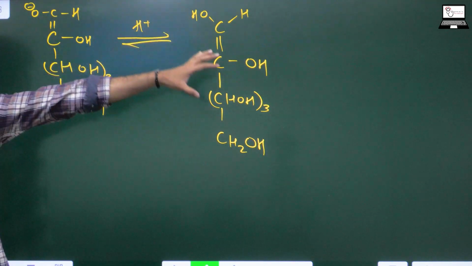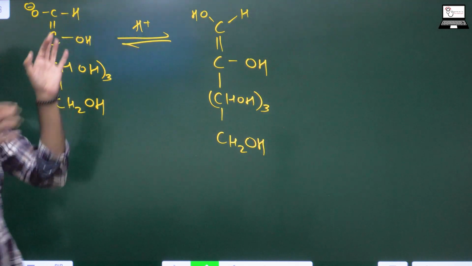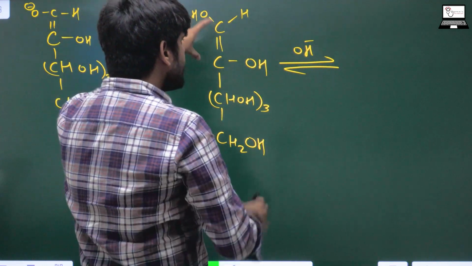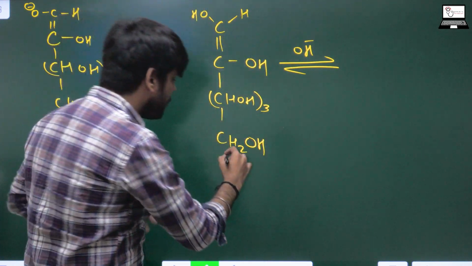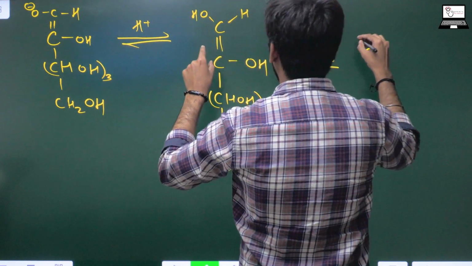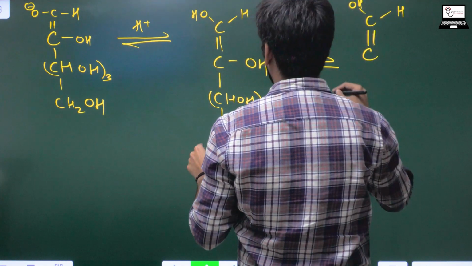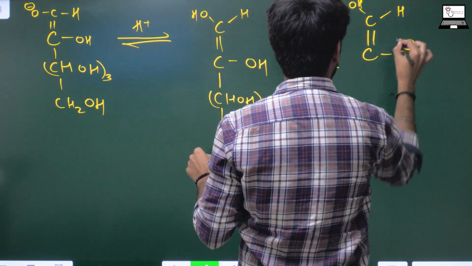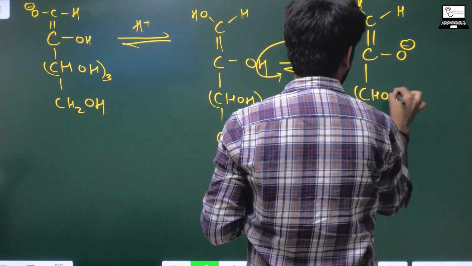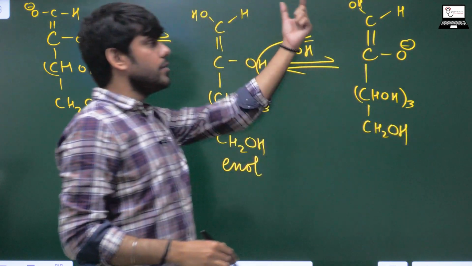So this is what I get after performing the protonation on this oxygen. Now in the next step, if I have the base, what will happen? So you know that this is your enol form. Now what will happen? Basically, I'll get something like this, O negative. If I abstract this particular H, then CHOH whole thrice, and this is your CH2OH. So this is what I get.